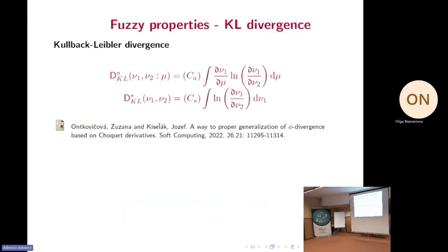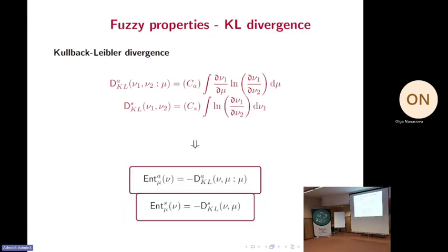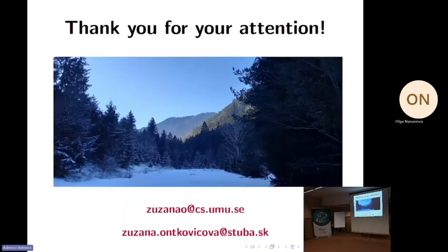Just comparing the formulas, we can see that when taking the second measure as a reference measure, of course with a minus sign, we get the entropy formulas I presented earlier. So there is a strong relation between them, and it could help not only with the properties, but also with some applications in the future. So that's all from me, and thank you for your attention.